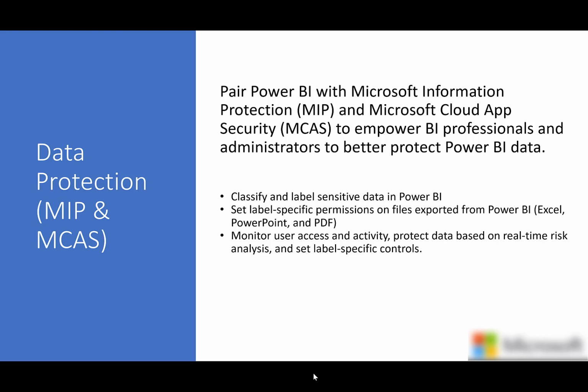It may prevent users from exporting data from that data set. You could use it to tag exports from Power BI so that only people with permission to view that PHI can open the Excel or PowerPoint or PDF that gets exported. And then you can also monitor users and activities and control what's available on controlled devices versus uncontrolled devices, those sorts of things.